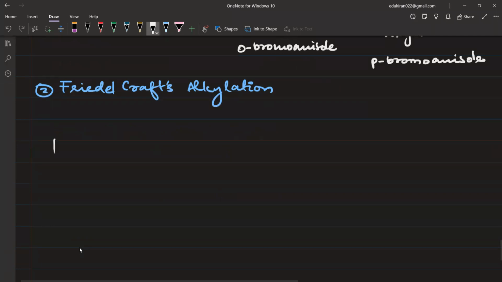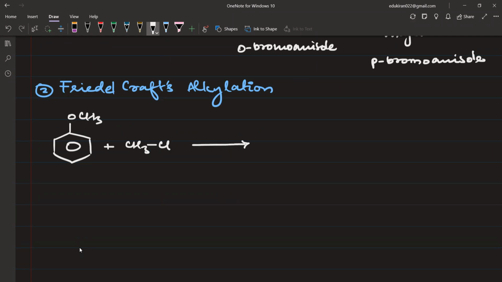In Friedel-Crafts alkylation, again, we'll start with anisole because we are seeing the electrophilic aromatic substitution of anisole. That is the ether here. Plus, we will be using CH3Cl in the presence of anhydrous AlCl3, the halogen carrier. In this case, what is going to happen? We'll have the anisole as it is. Alkylation will happen. That means our alkyl group CH3, the methyl group, will attach on the ortho and para position.